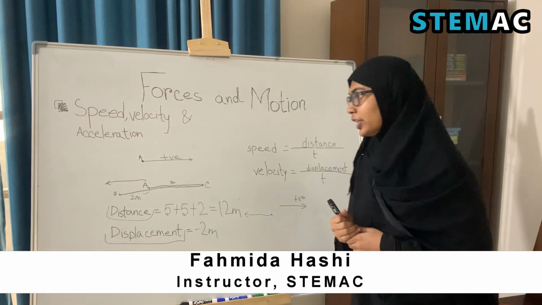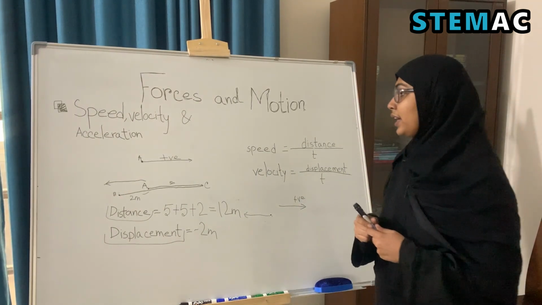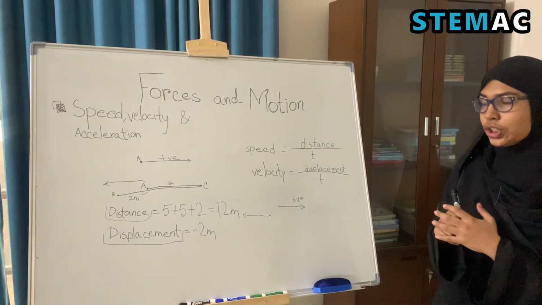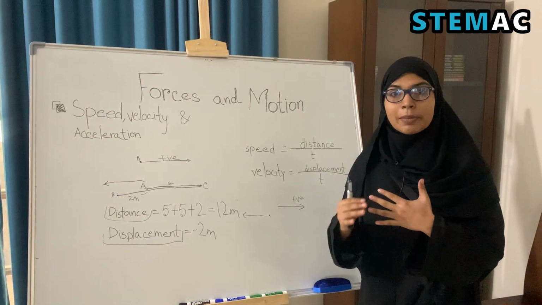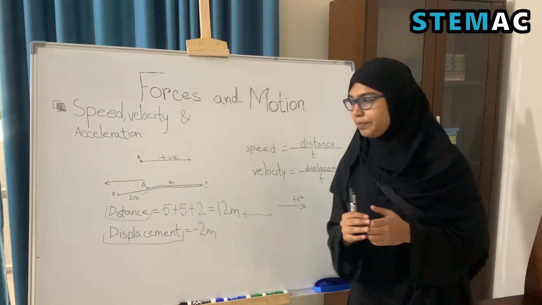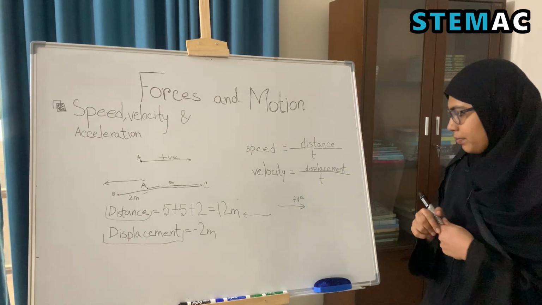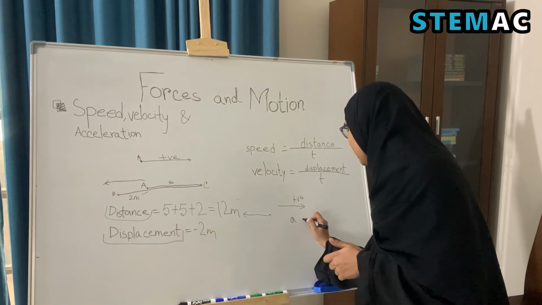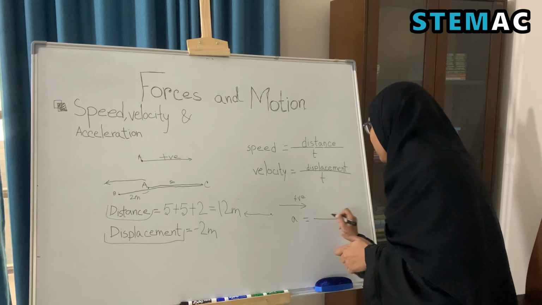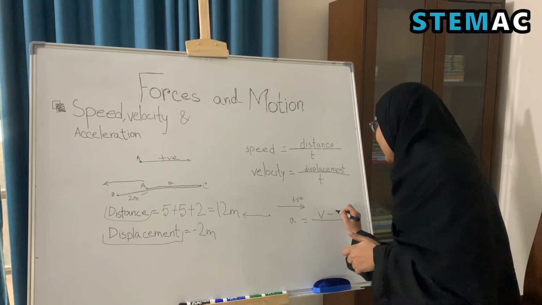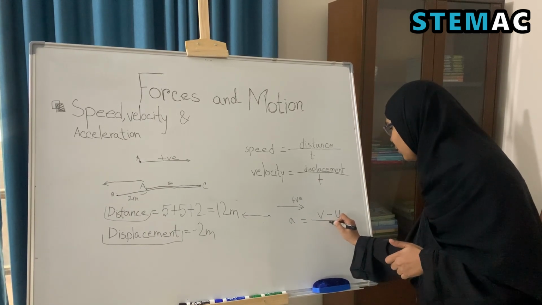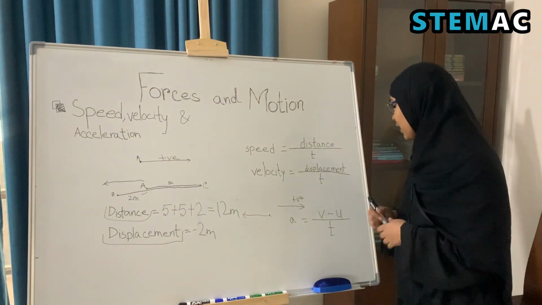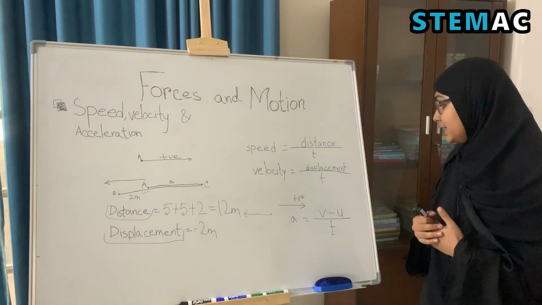Next we move on to acceleration, which, like velocity, is a vector quantity, and acceleration is a measurement of change in velocity. The formula for measuring acceleration is a equals v minus u divided by t, where v is the final velocity, u is the initial velocity, and t is time.